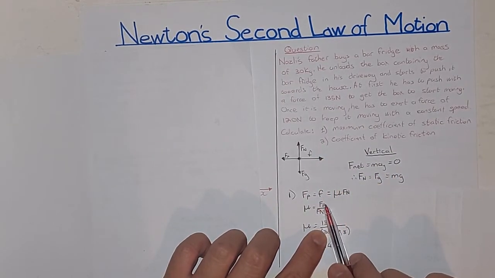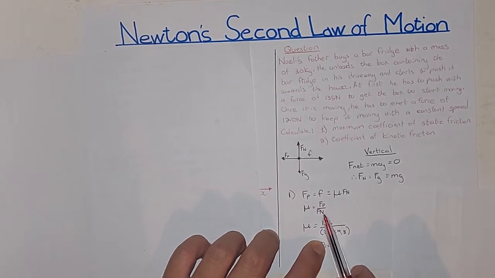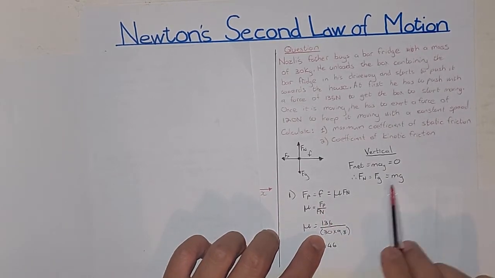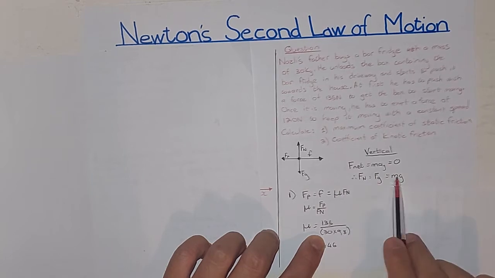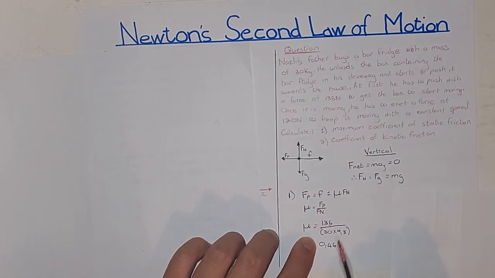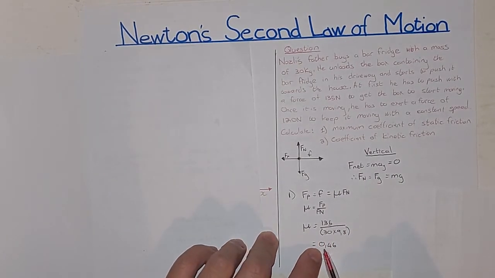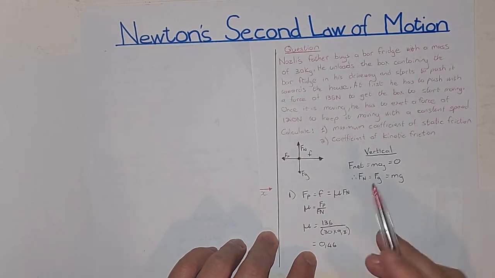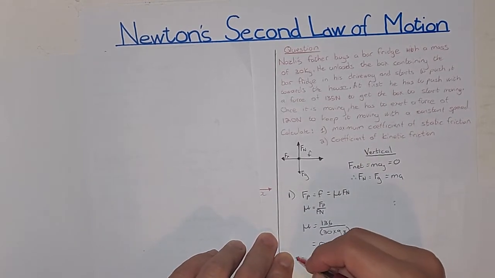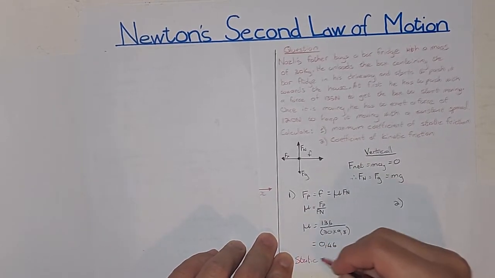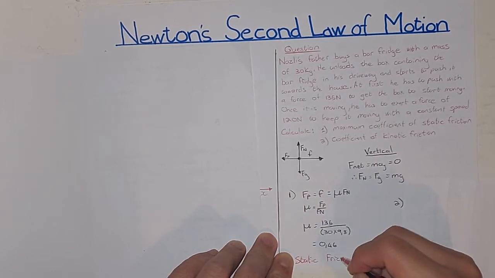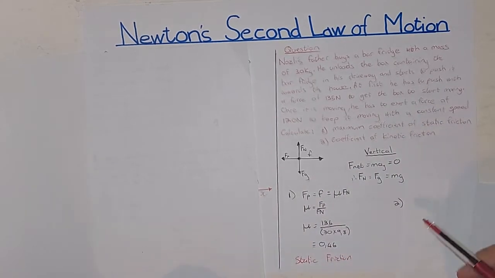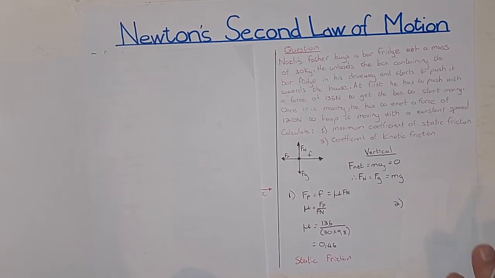So there's my force of push over my Fn, which is the same as mg. So 30 times 9.8, and I have a value of 0.46. So this 0.46 is my static friction, right? And I've used Newton's second law for this one over here.